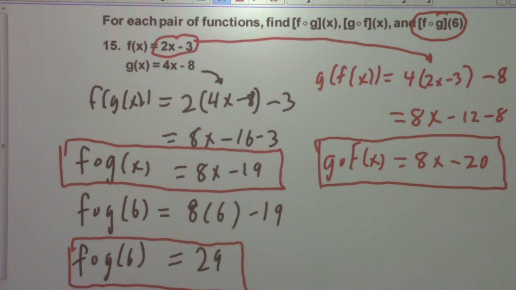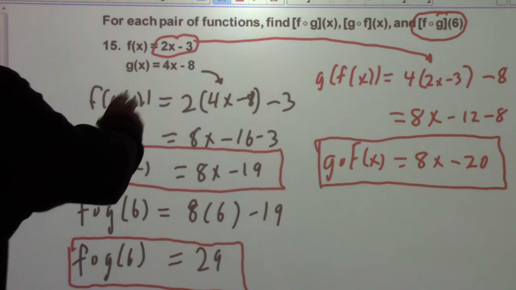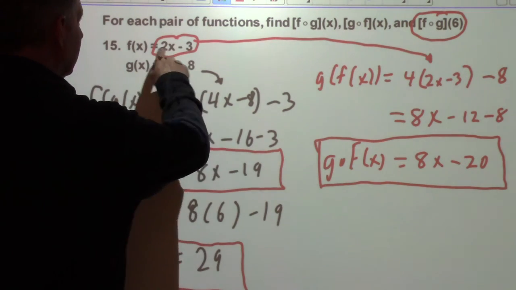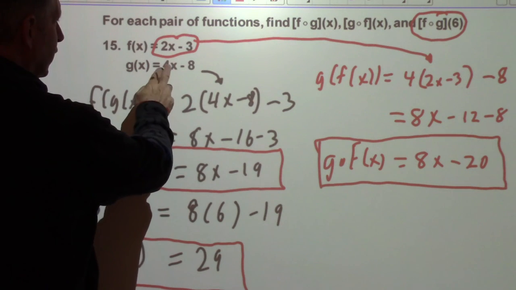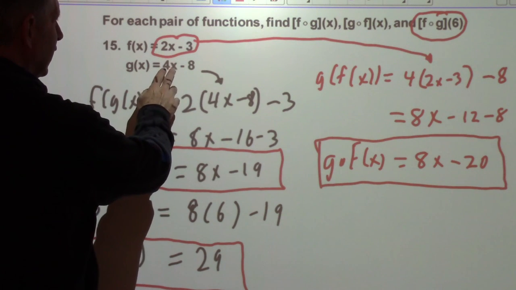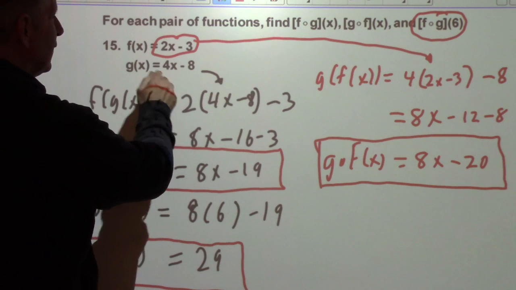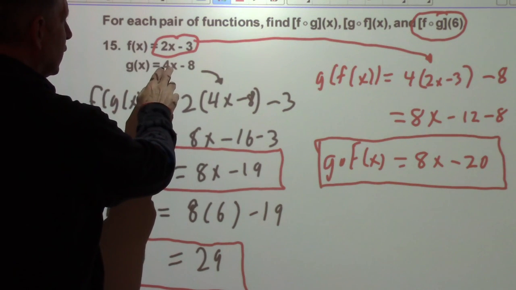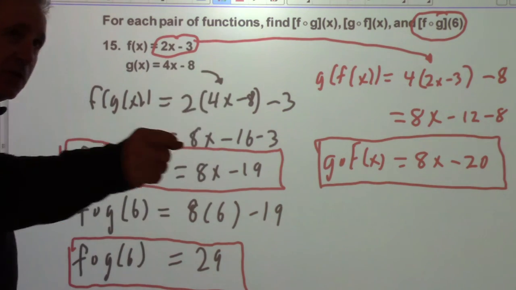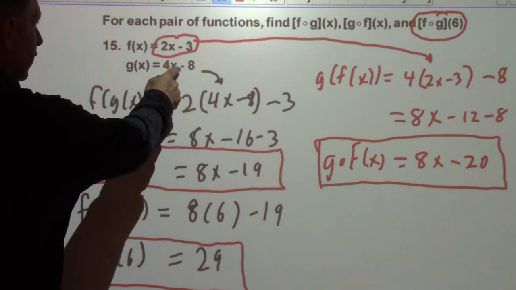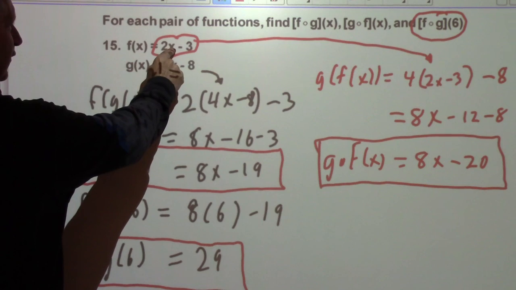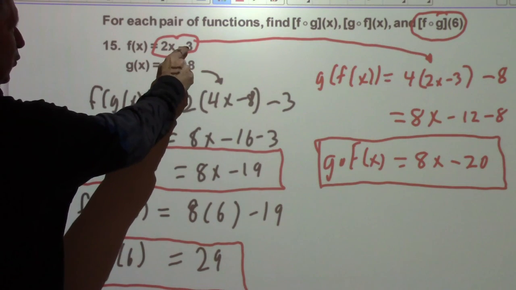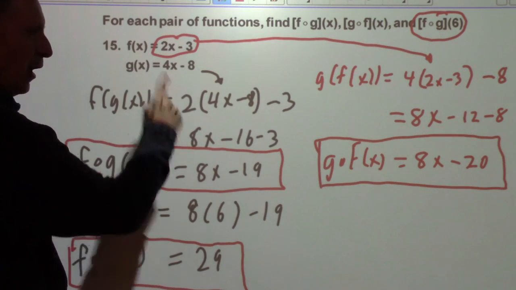So what you're saying is with the 6, you plug the 6 into the g, right? Yeah. So you get 4 times 6 minus 8, so that'd be 24 minus 8, which is 16, right? And then she plugs the 16 in here. 2 times 16 is 32 minus 3, 29.